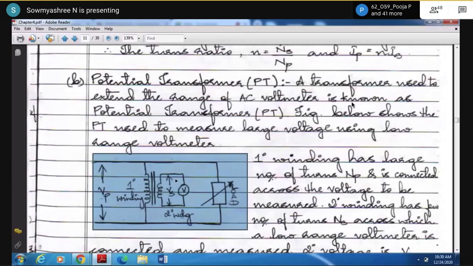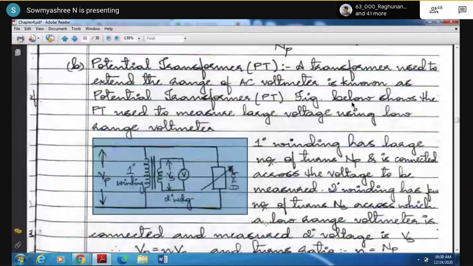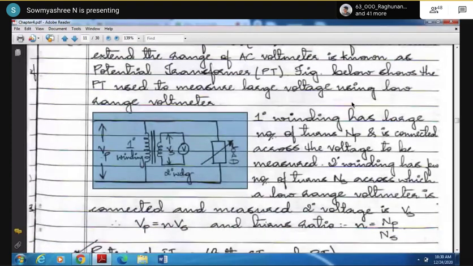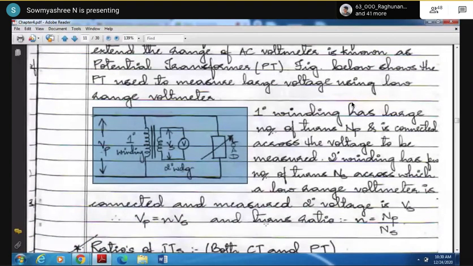The number of turns in the secondary is lesser compared to the primary winding. The load is connected across the secondary. There, in the CT, the load was in series with the primary winding. Please observe this carefully.